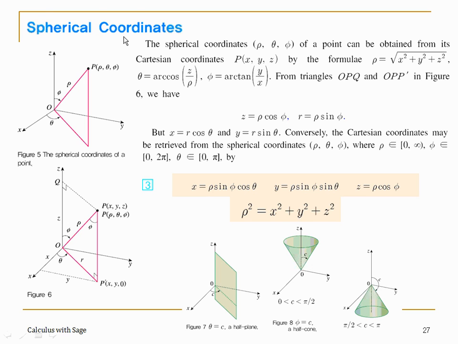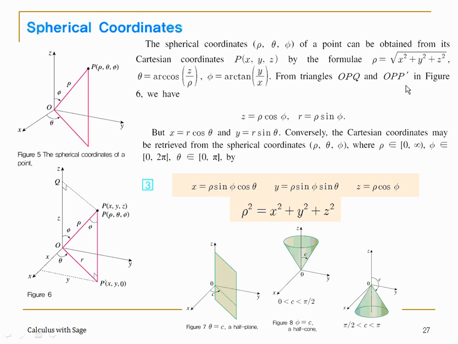And next, spherical coordinates. The spherical coordinate rho, theta, phi of a point can be obtained from its Cartesian coordinate x, y, z by the formula of this, and theta like this, and phi like this.